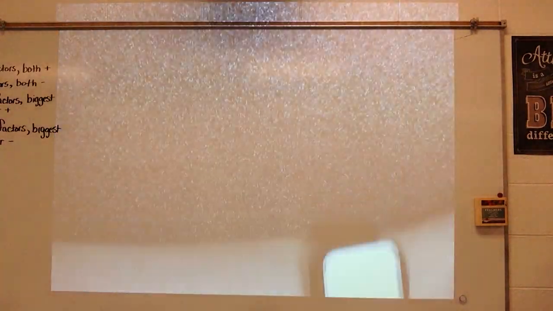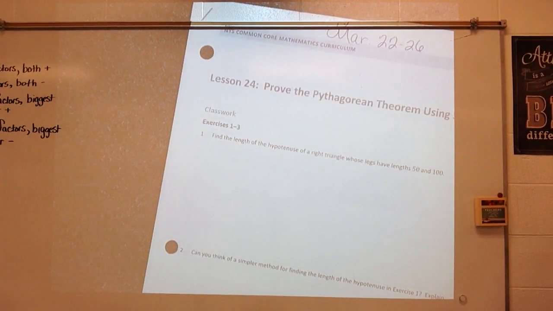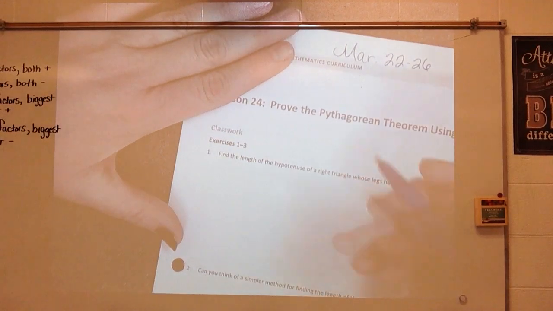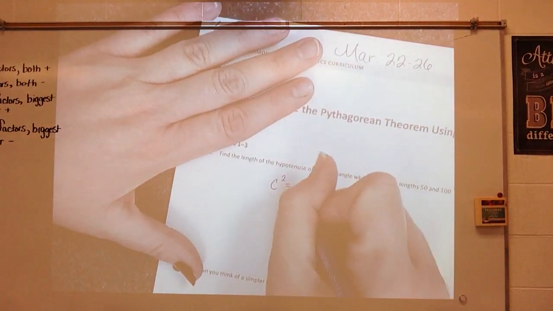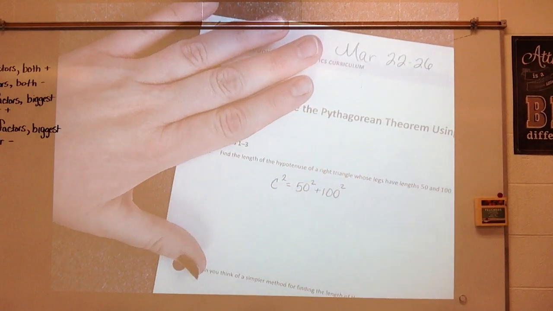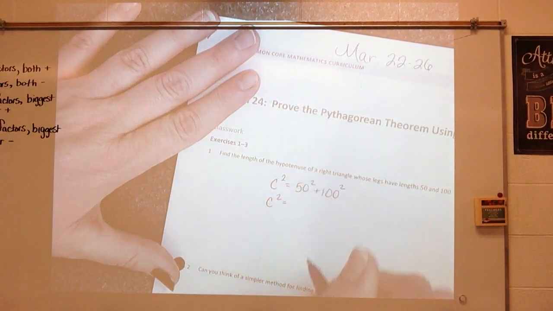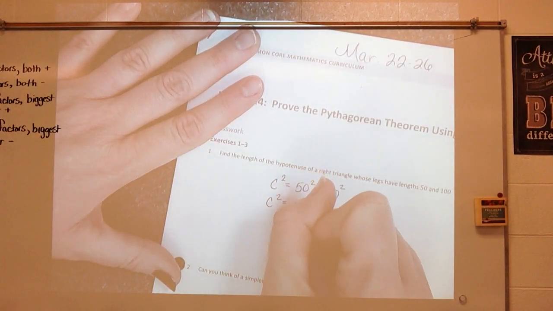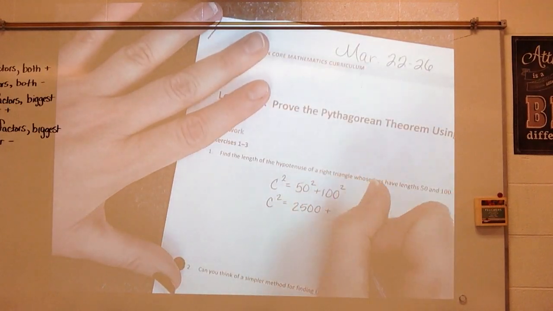Alright, so let's go ahead and look at our exercises. Find the length of the hypotenuse of a right triangle whose legs have the lengths 50 and 100. I'm trying to find my hypotenuse, my C squared. So I'm going to do 50 squared plus 100 squared. 50 squared is 2,500. 100 squared is 10,000.